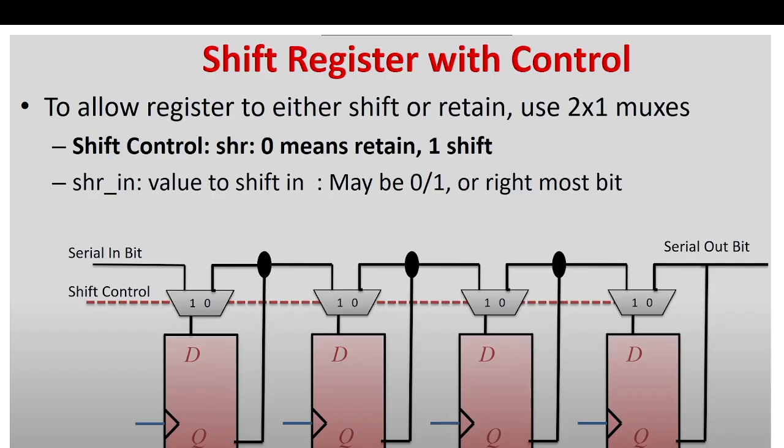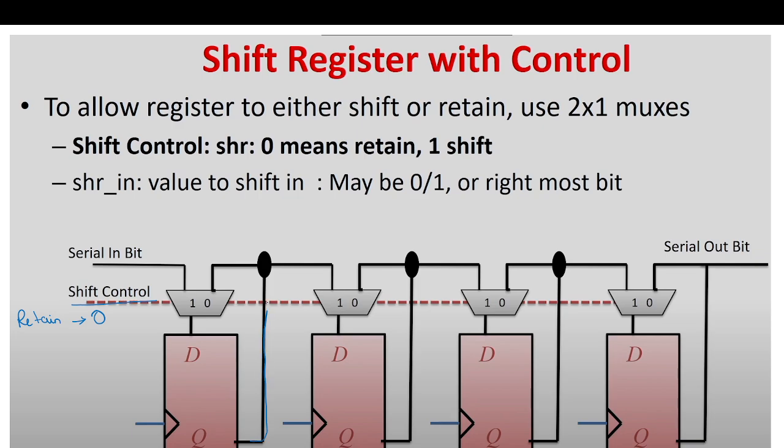Now if we want a shift register with a control signal, to allow the register to either shift or retain, then for retaining we need a feedback and a shift control. Now we say 0 is retain.